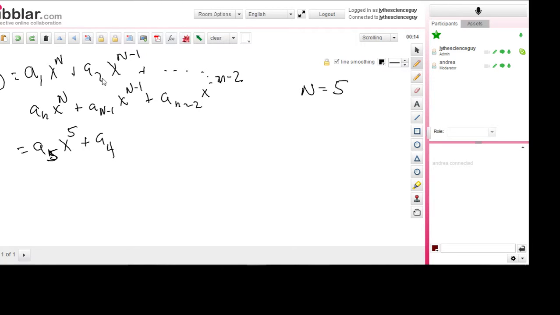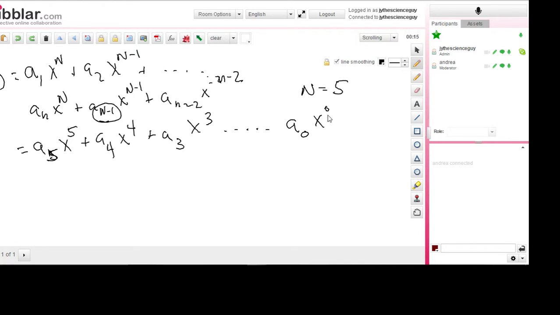That's what this number is right here. I'm just subtracting 1 from it each time. So this would be x to the 4. And then this would be a to the 3, x to the 3. And then you count it all the way down until you get to a to the 0, and this is x to the 0. What is anything with a 0 exponent?